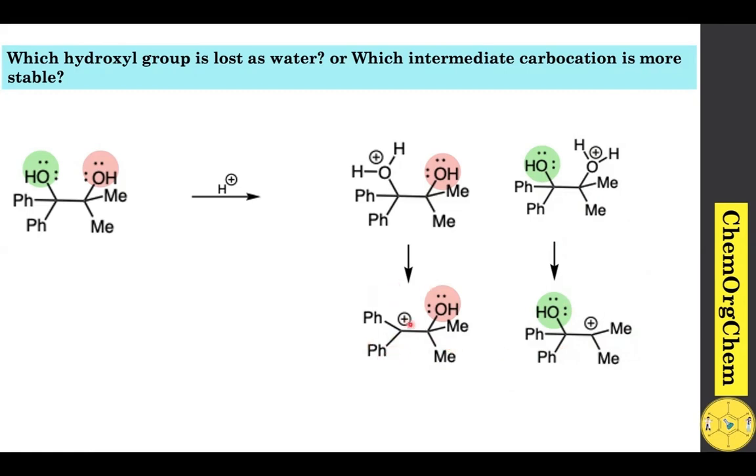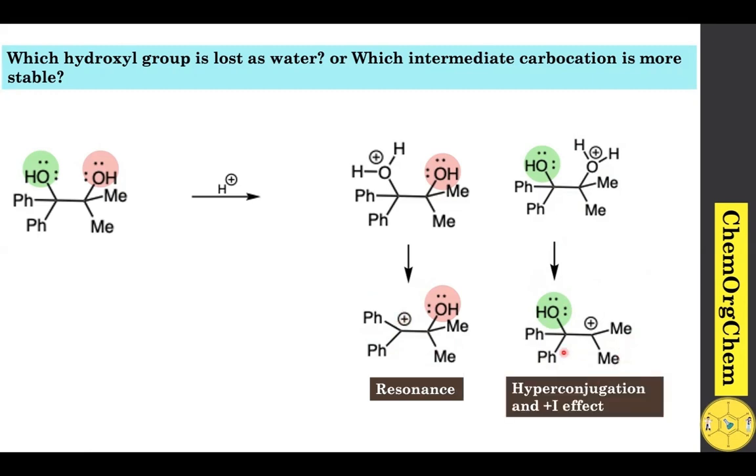This carbocation is stabilized by resonance, while this carbocation is stabilized by hyperconjugation as well as the plus I effect. When you get this type of situation, you always remember this rule: resonance always gets more priority than hyperconjugation as well as the plus I effect. According to this, this carbocation is the more stable one, followed by a 1,2 migration.